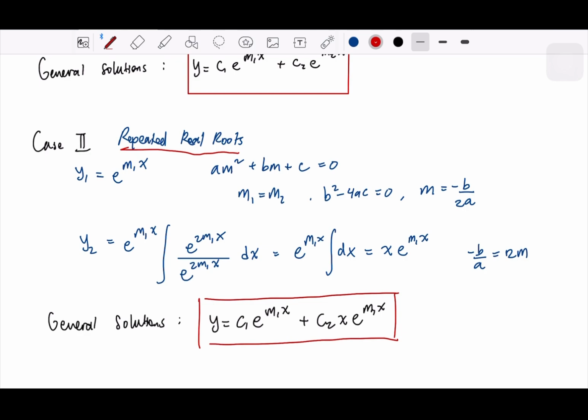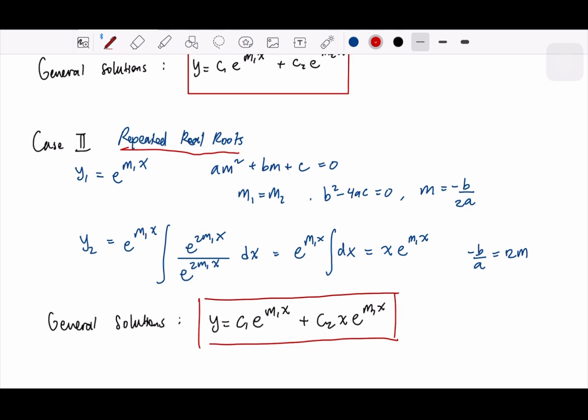And this will create a pattern that we are going to see later. When we have one solution e to the mx, or m1x, if it has the same roots in this auxiliary equation, then the second solution has an x. And later, this is just two roots, right?